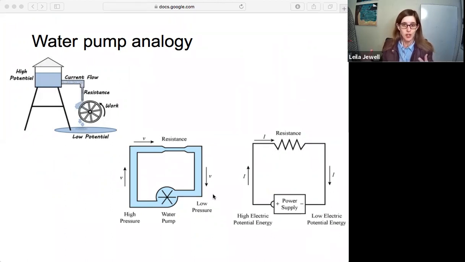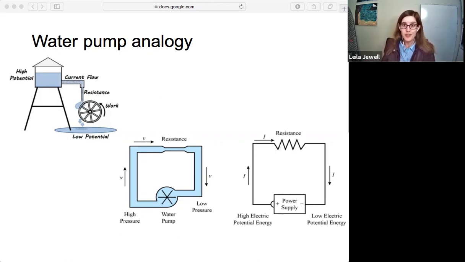So hopefully that helps you picture the analogy. Here the water is shown as having to pass through a narrow section. That's another form of resistance, because if it's a non-ideal fluid, then the water is going to be slowed by that narrow section. That can be the same with wire. You can have a really tiny filament like in the light bulb, and that slows it down.